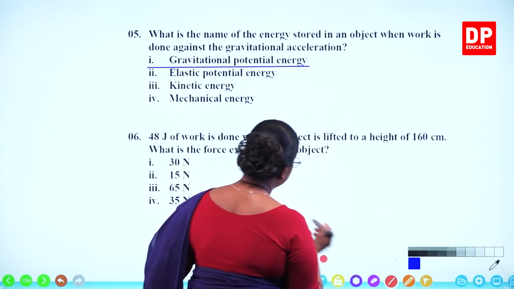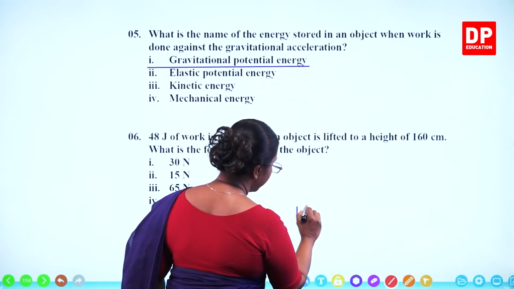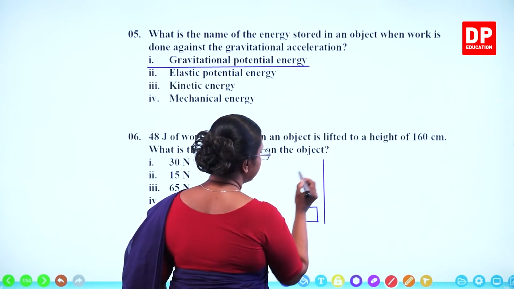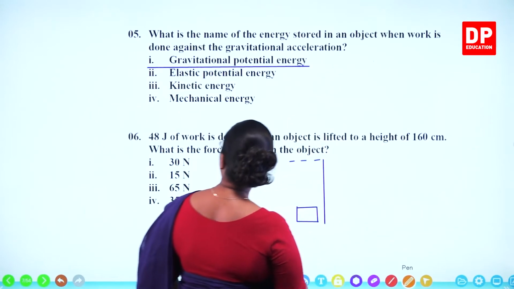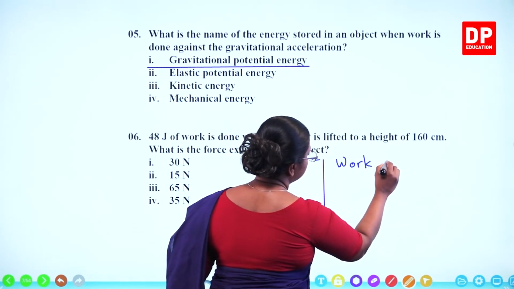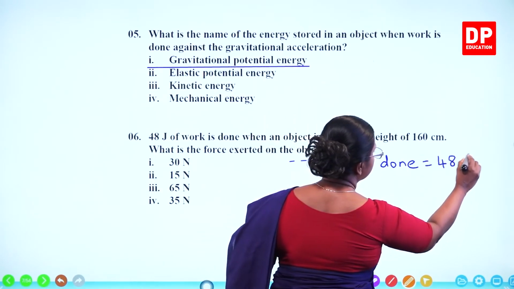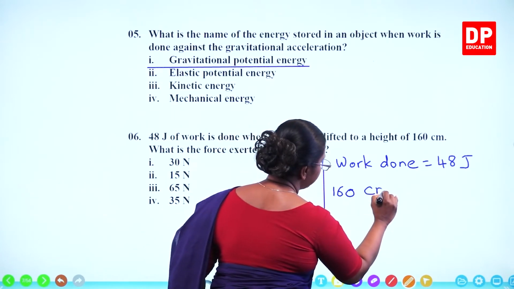So if we represent that diagrammatically, here you have the object. It is lifted to a certain height. If it comes to this point, so here work done is 48 joules. The height is given as 160 centimeters.